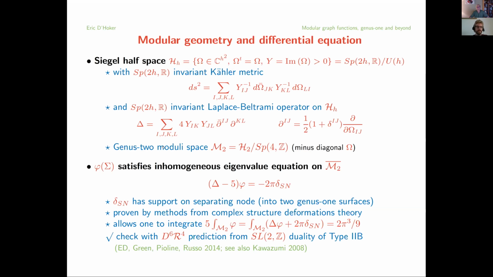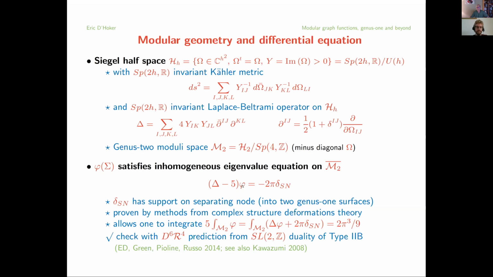Now, genus 2 moduli space is not, of course, the Siegel upper half space. You need to mod out by the modular group Sp(4,Z) and remove the diagonal of omega, which corresponds to disconnected surfaces. So now here is a result on this Kawazumi-Zhang invariant, which actually goes back to Kawazumi, and we proved it in an independent way.